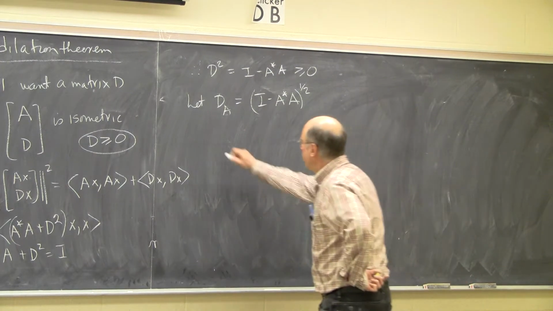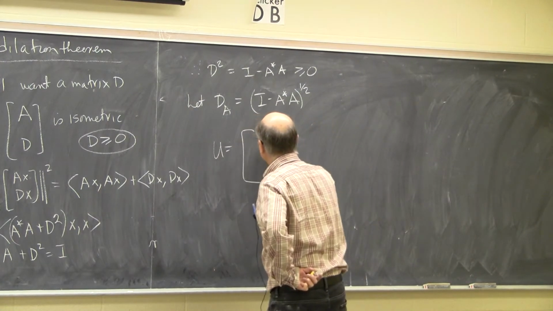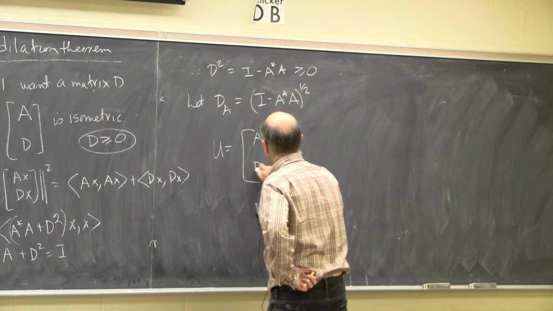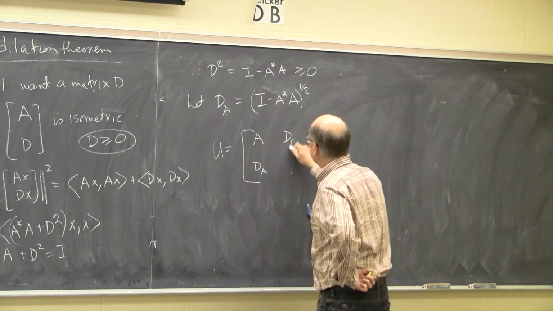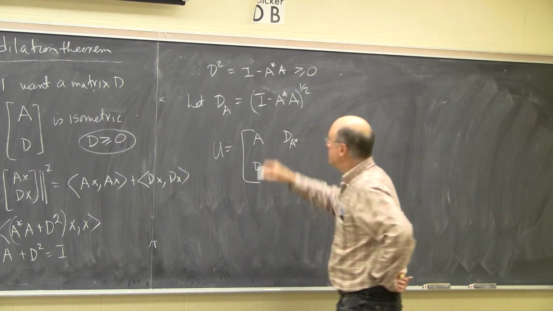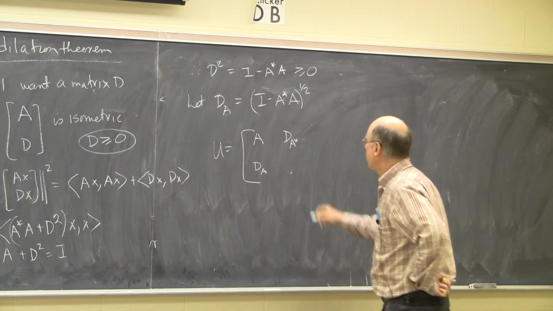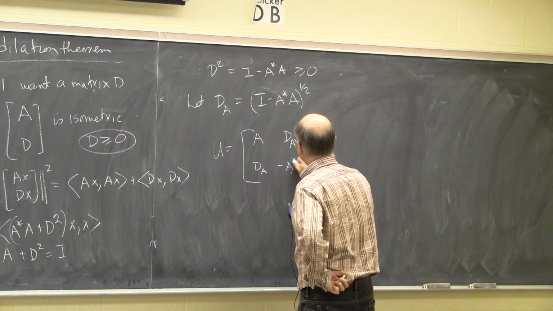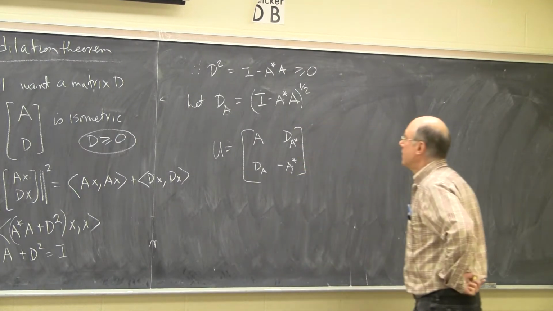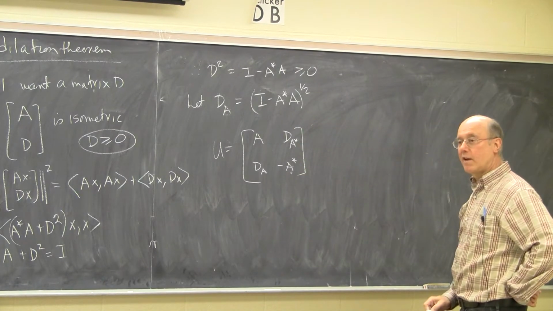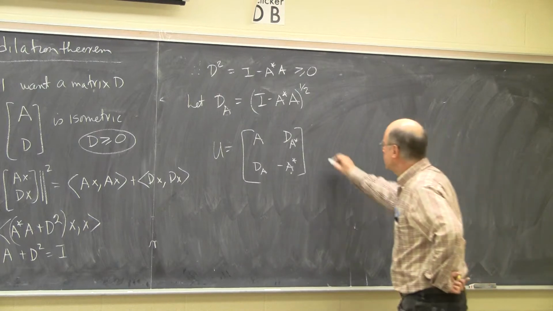Okay? And then I'm going to write down the following matrix: A, D_A, D_A star, which is different because that's the identity minus AA star to the 1/2, minus A star. I claim that is a unitary matrix.